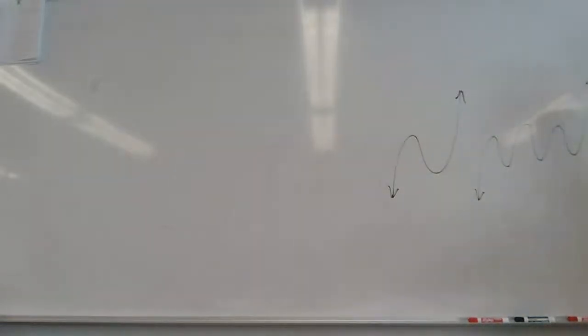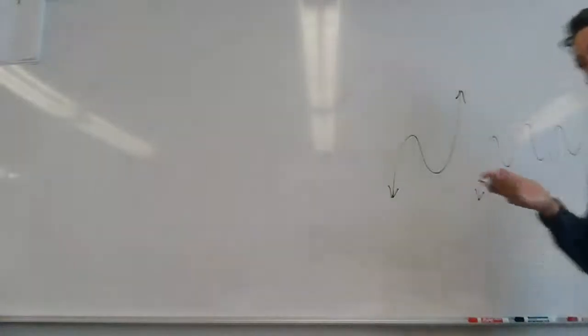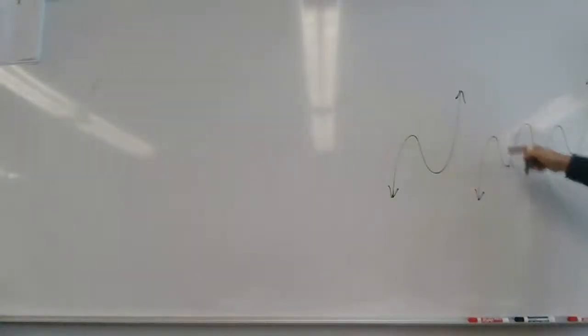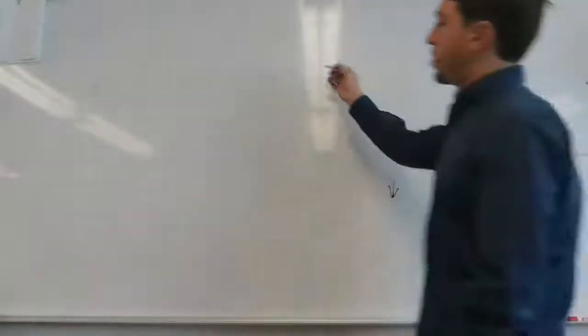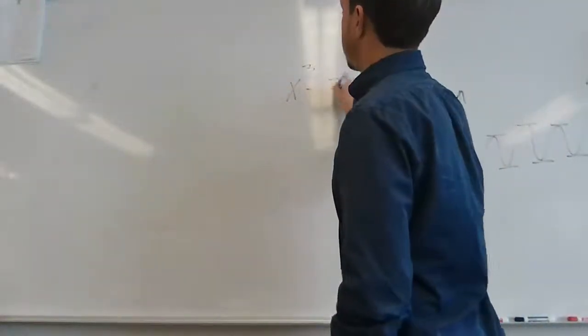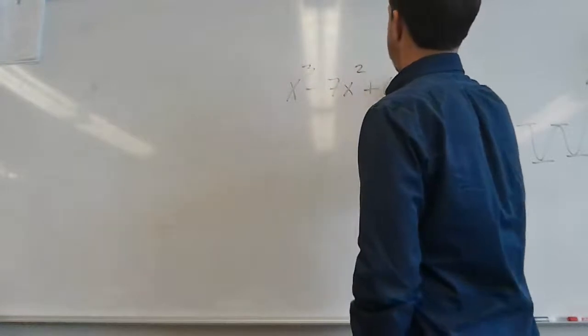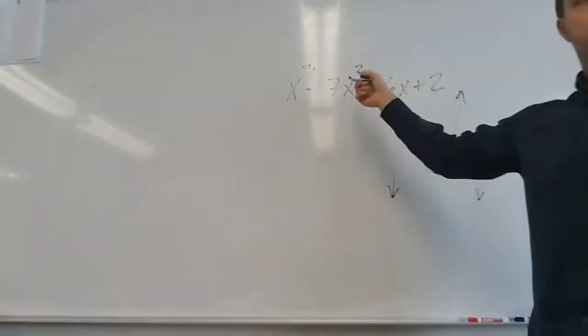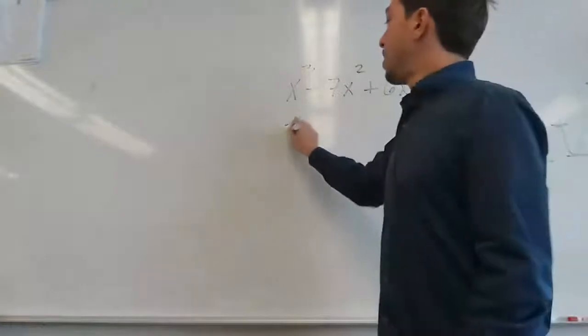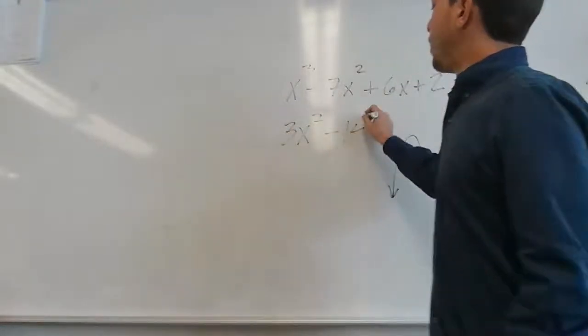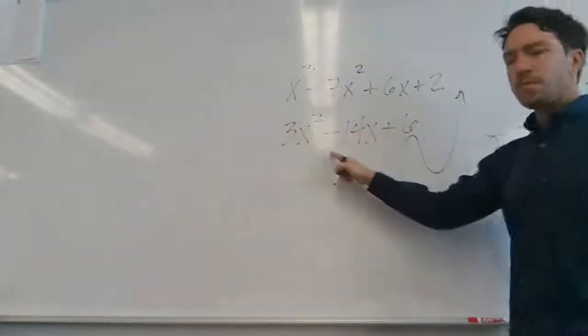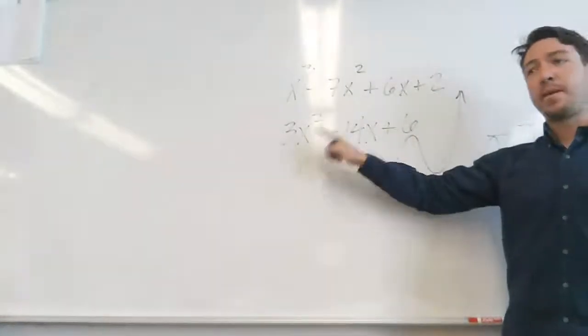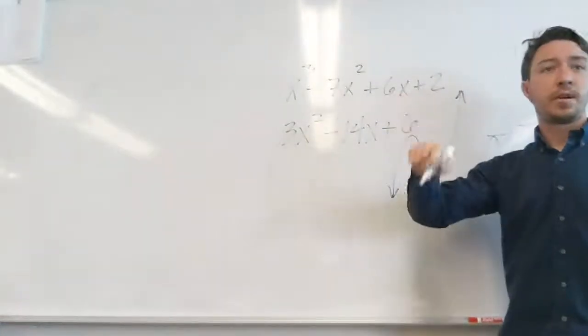Imagine taking a cubic. Write some random third degree polynomial, x cubed minus 7x squared plus 6x plus 2, and take the first derivative of that, and you get a quadratic.